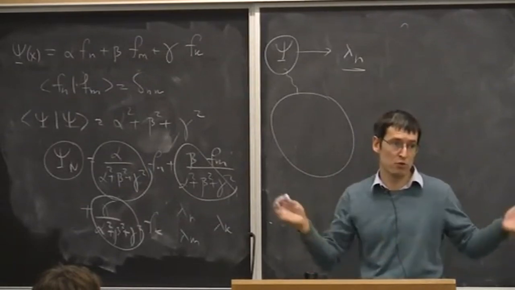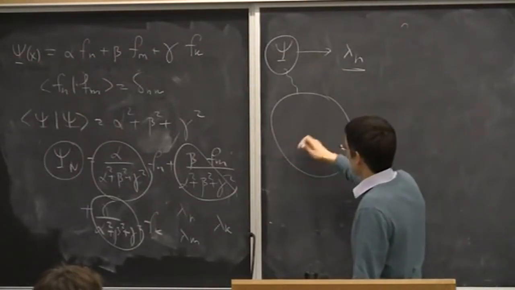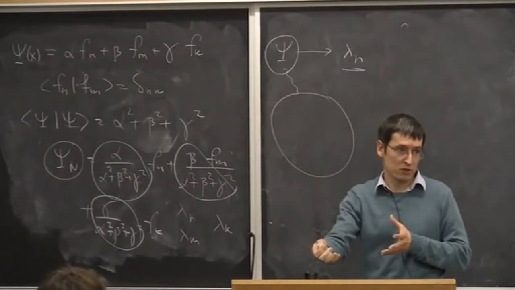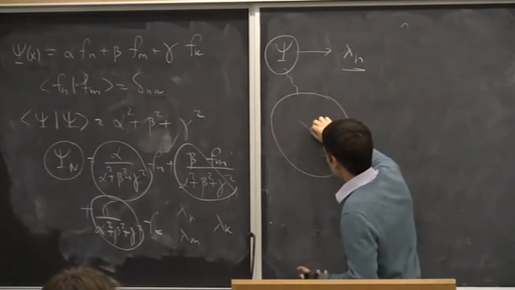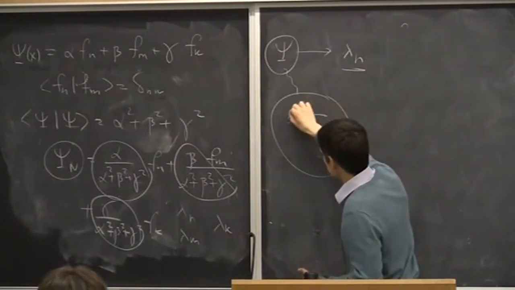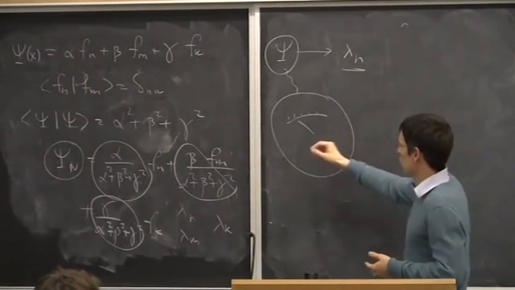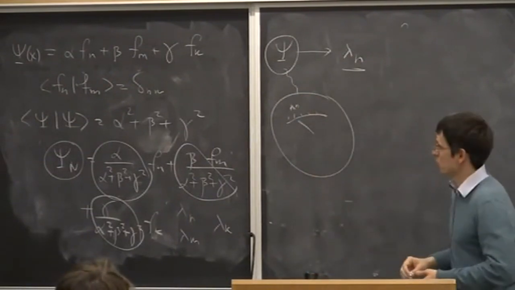Compared to the electron, the apparatus is huge. And there is a process that happens when the apparatus is connected to the electron. The first outcome is that the arrow on the apparatus shows lambda n as a result of the measurement.